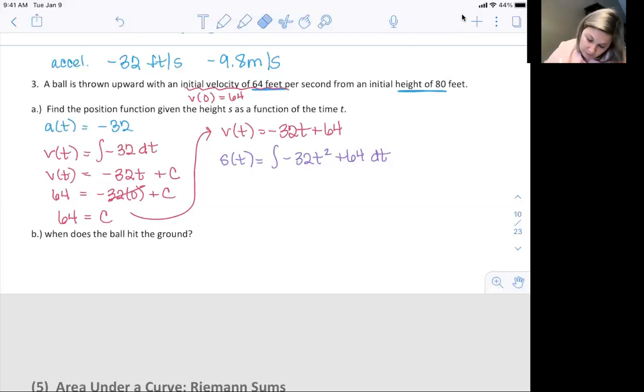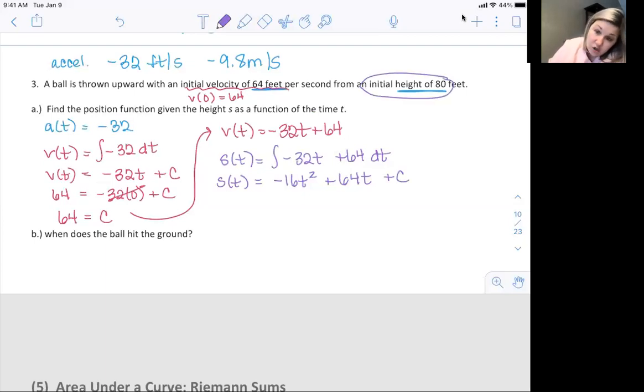Whoops, I got ahead of myself. That's just a t, not a t squared. It's going to be a squared when we're done integrating. Taking our antiderivative, S of t is equal to negative 16t squared, because you make it a squared and then divide by 2, plus 64t plus c.